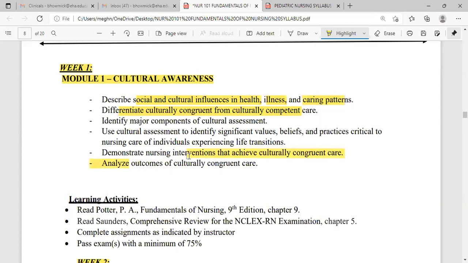Demonstrate the nursing interventions that achieve culturally appropriate care, or analyze the outcome of culturally appropriate care, right?